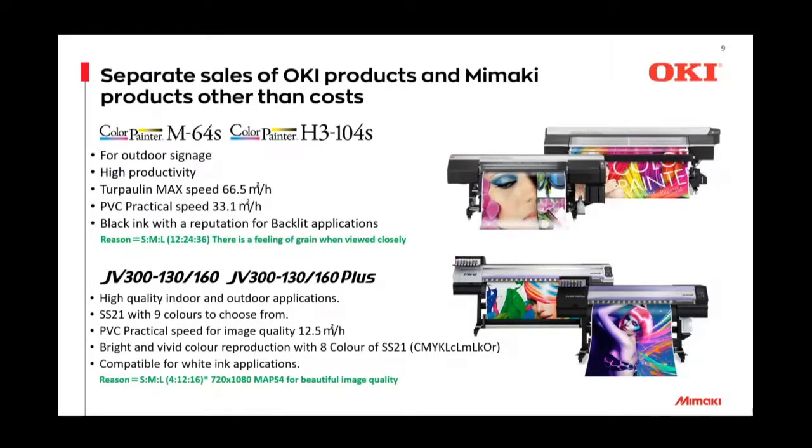So you're looking at the picoliter dot size from ColorPainter. We've got small as 12, medium 24, large 36. When we go to the JV300 range, we go 4, 12, and 16.